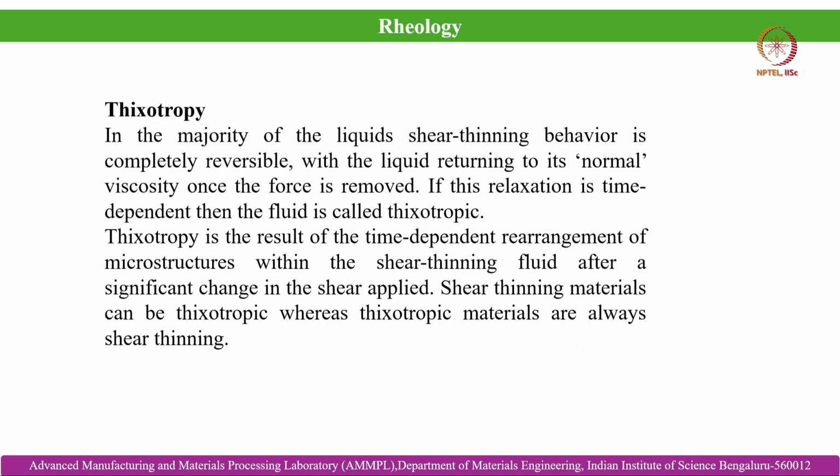So, this is the property of this fluid which is called thixotropy. Because of this, it behaves like a solid when kept at rest, and like a liquid when subjected to shear. So, thixotropy is the result of the time dependent rearrangement of microstructures in case of solidifying melt, or fluid molecules when no phase change is involved, at the onset of the applied shear.